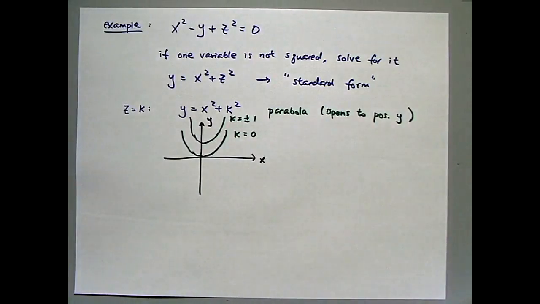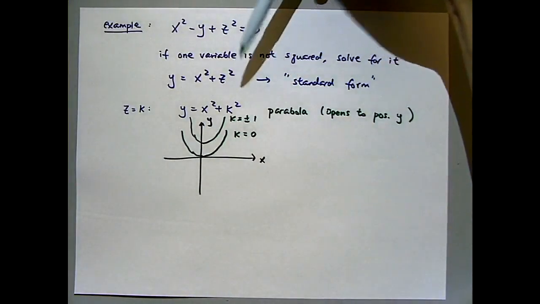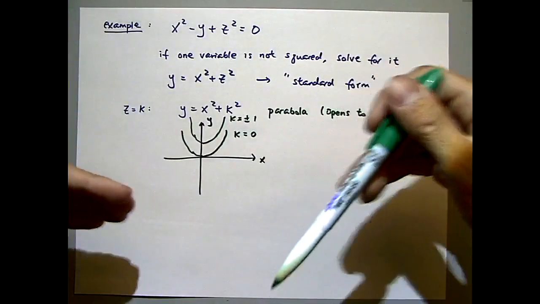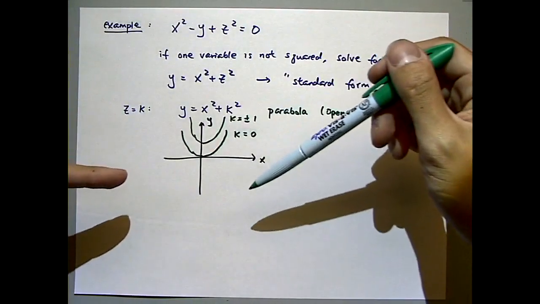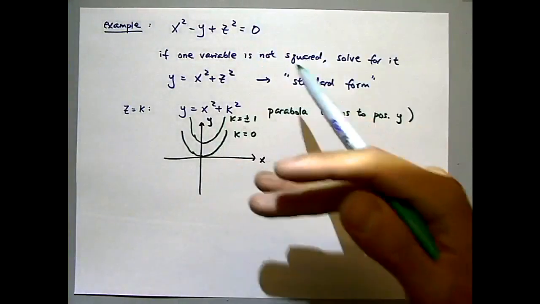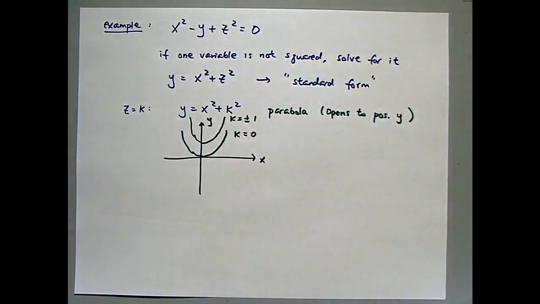And notice that we can never make k squared negative. That means I cannot make this parabola go below the x-axis. It is forever constrained to be above or on the x-axis, right? K squared is never negative.